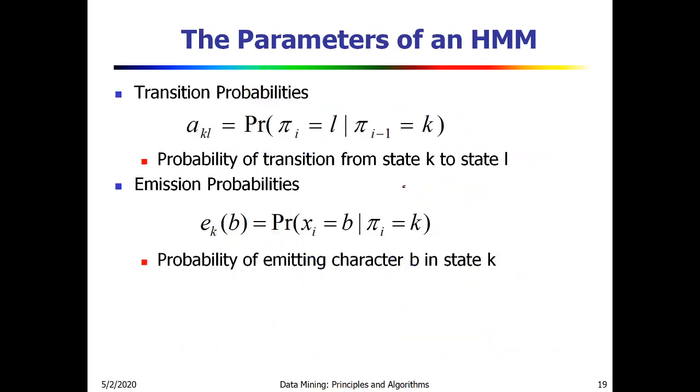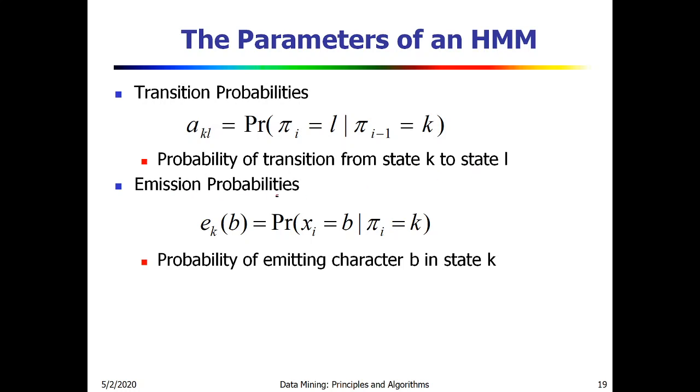Using that, we are going to use a particular formula for the transition probability and the emission values. If you are taking the state values starting with L, and the previous value is equal to K, then the probability transition of state K to state L is the transition probability.